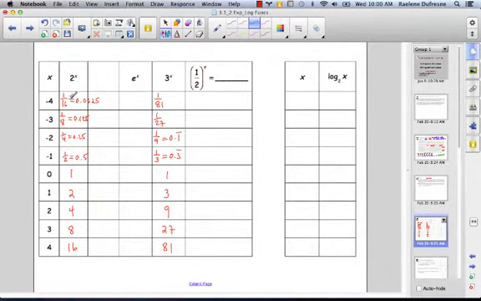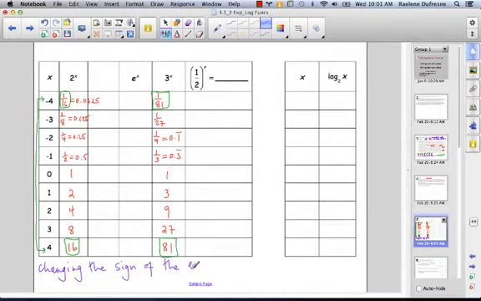What we see then is when we change the sign of the exponent, the power values, for example, are reciprocals. And we should really write that down as a verbal rule or a verbal connection. Changing the sign of the exponent reciprocates the output, or another name for the output, which is power.